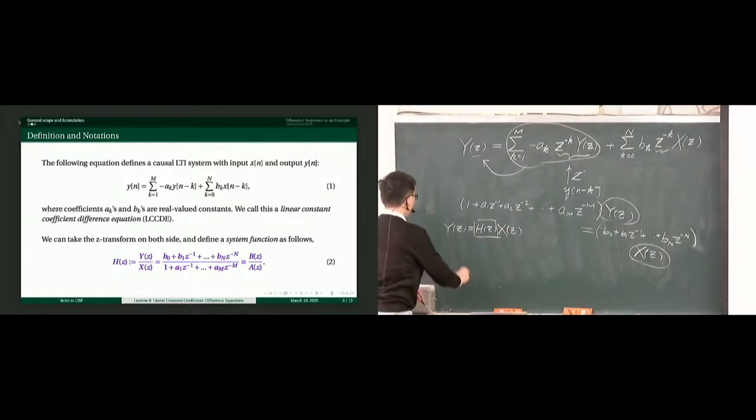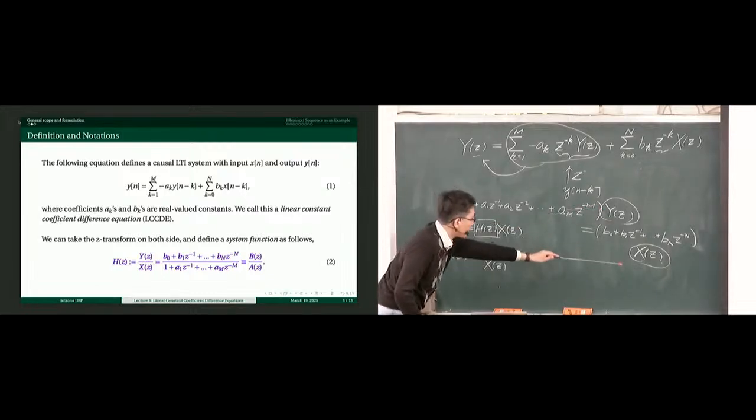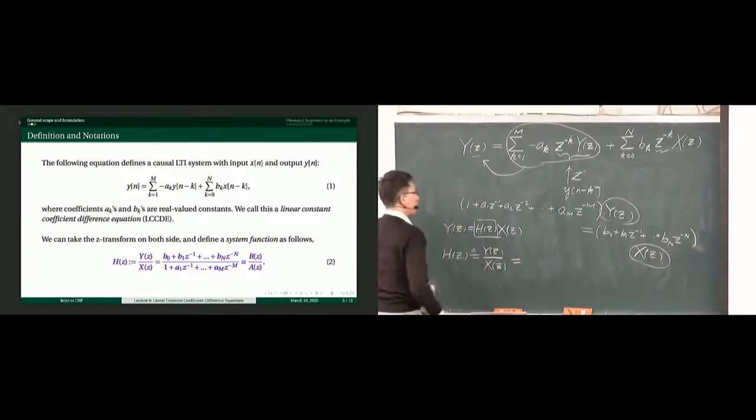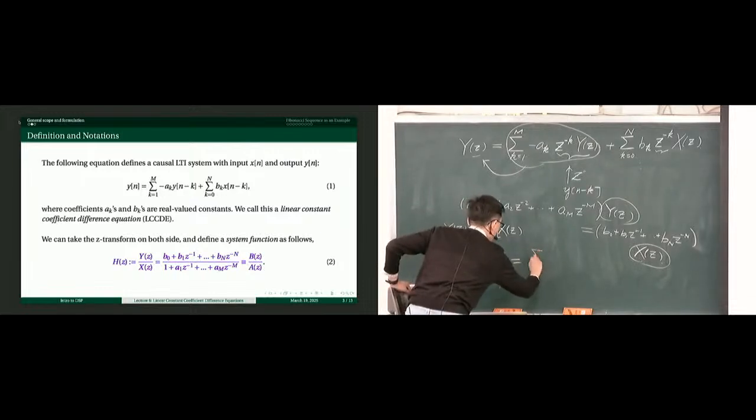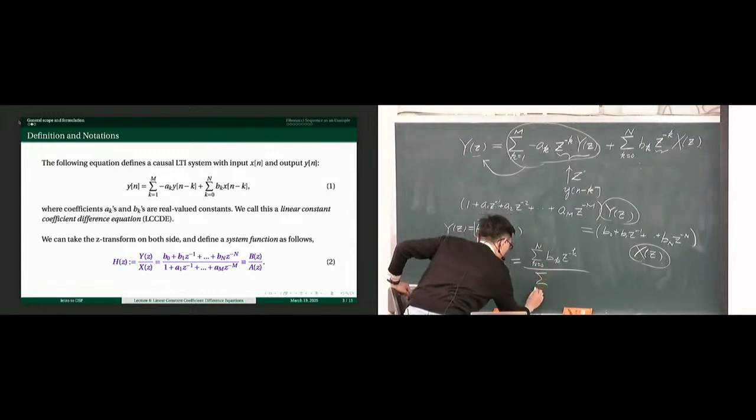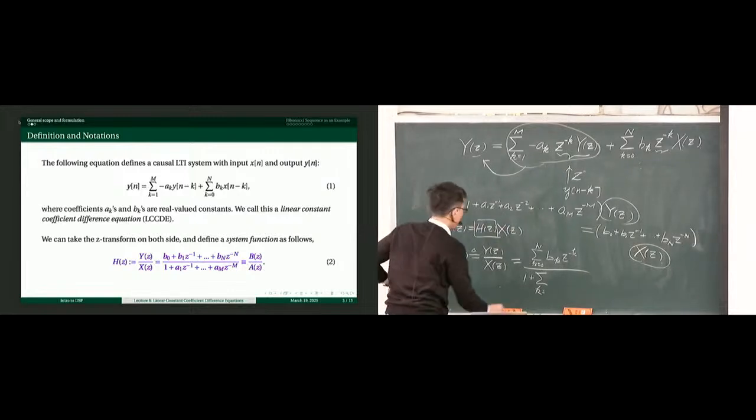The system function should be defined as Y(z) divided by X(z). And what is it? Then the system function Y(z) divided by X(z) becomes equal to this. Need to be careful: summation b_k z to the minus k, where k goes from 0 to big N, divided by the summation, it's actually 1 plus the sum over k.